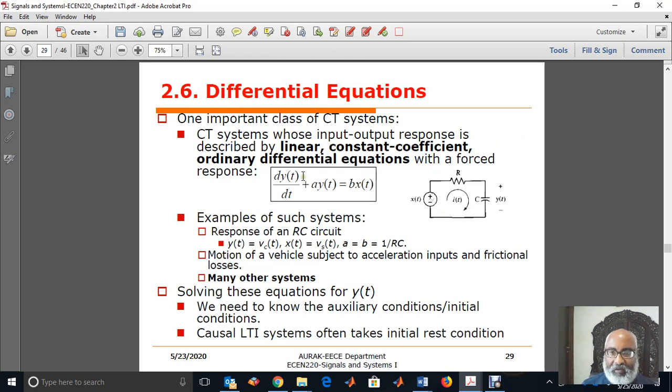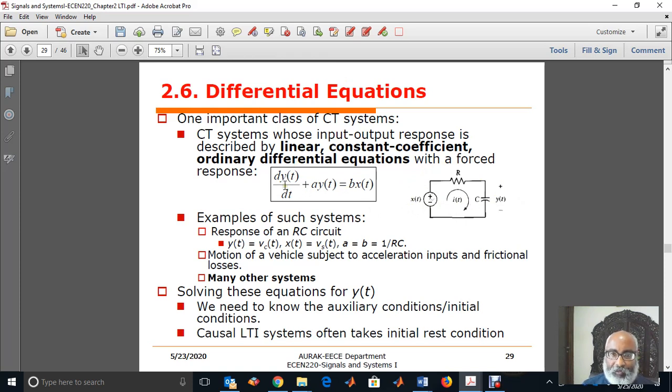For example, if I have this circuit, the relation between the output y(t) and the input x(t) can be related using a differential equation.